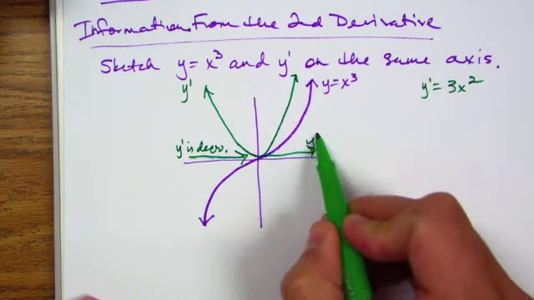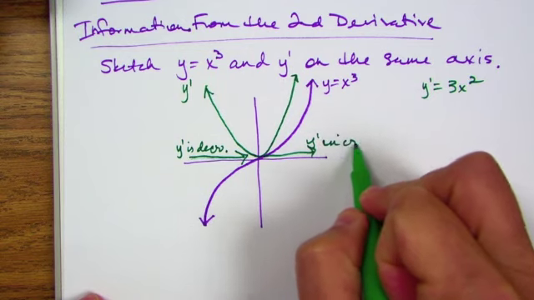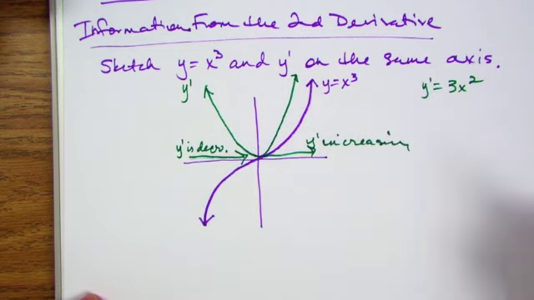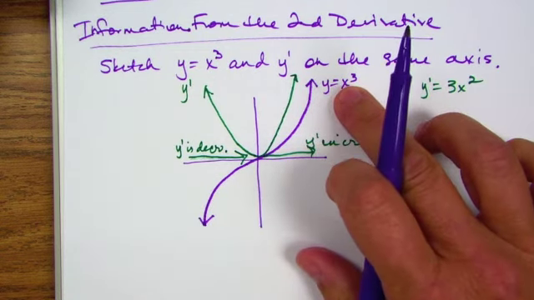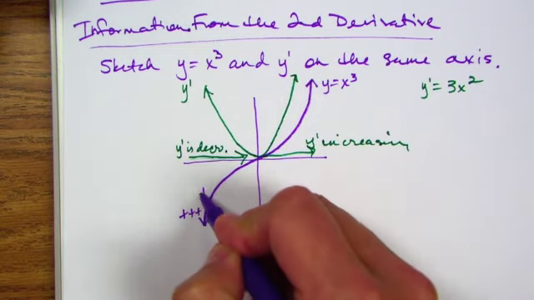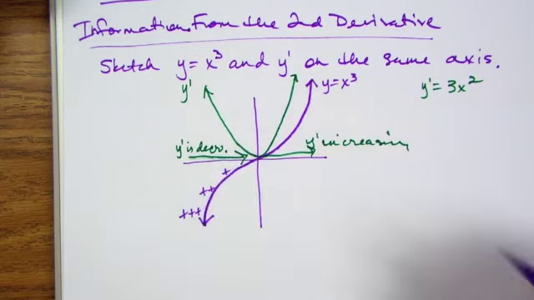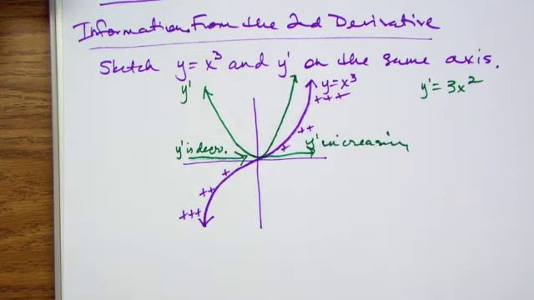So y prime here is increasing, right? And so all of the slopes are what kind of values? They're all positive, right? But these go from more positive to less positive, right? Remember we drew this once before.